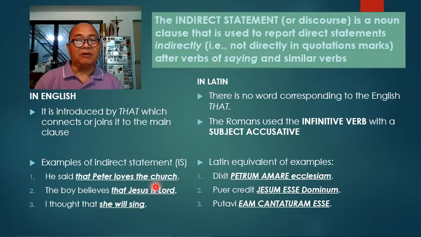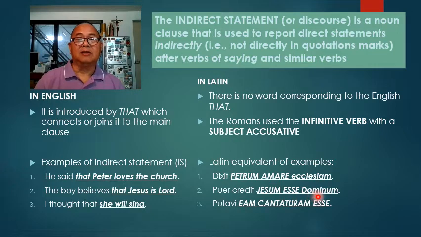The second example, the boy believes that Jesus is Lord. So, puer credit, the boy believes that Jesus is Lord. Jesum esse Dominum. Jesum is the subject of the indirect statement, and again, it is in the accusative case. And the verb to be, esse, is in the infinitive form. It is the infinitive of sum.